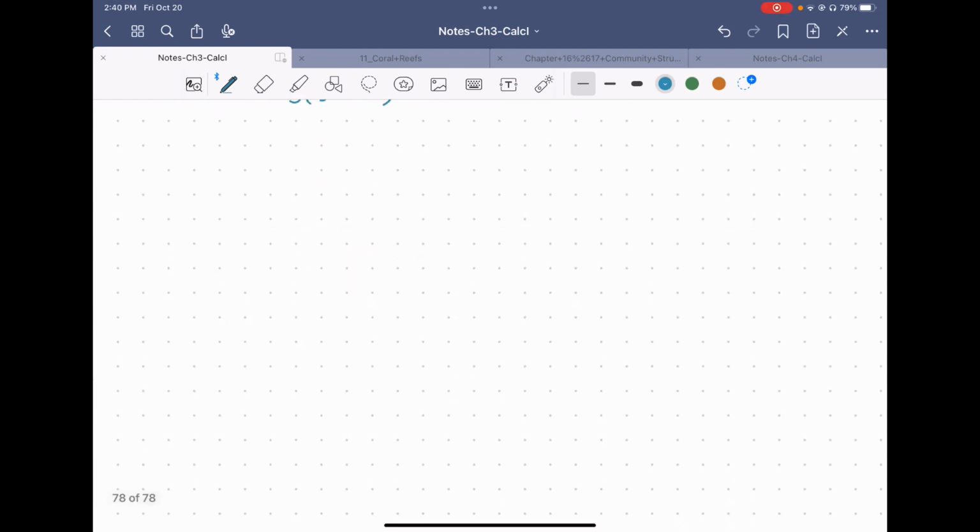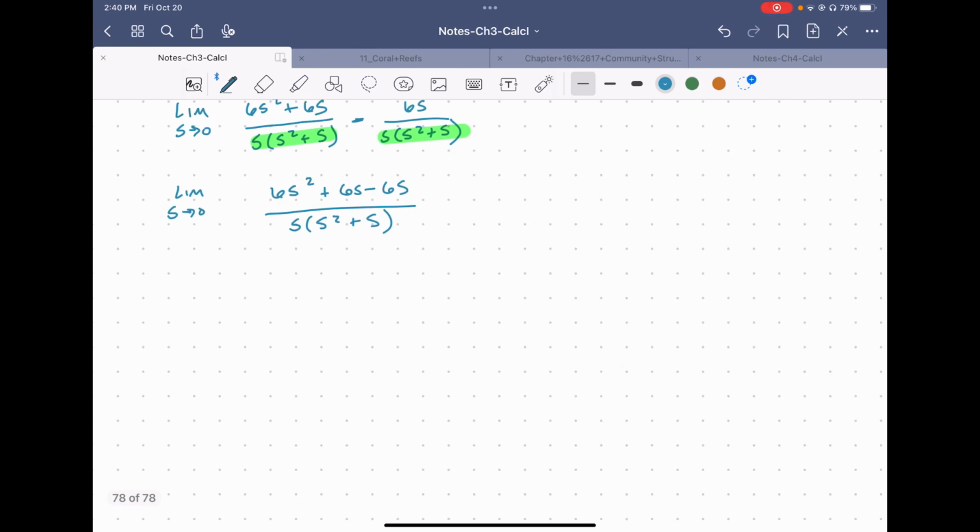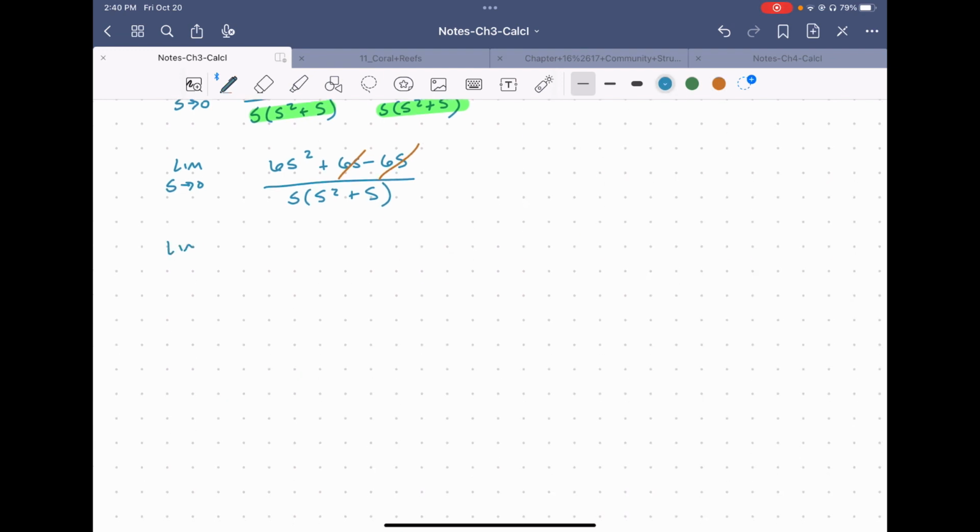As we've rewritten this with the same denominator and all the numerator terms over the same fraction bar, we can see that two of our terms actually cancel out, plus 6s and minus 6s. So we can get rid of those. So we rewrite this again. We have 6s squared over s times s squared plus s.